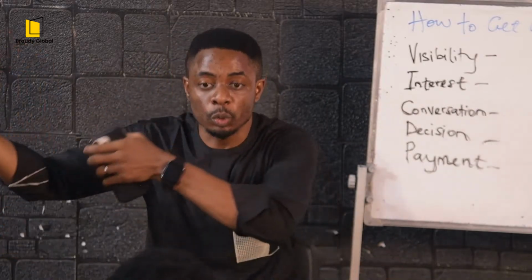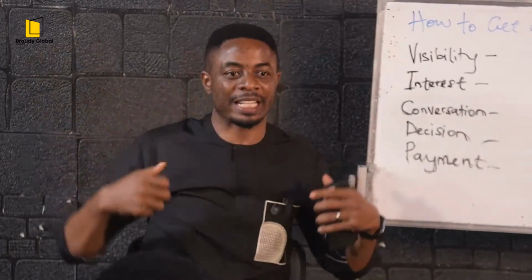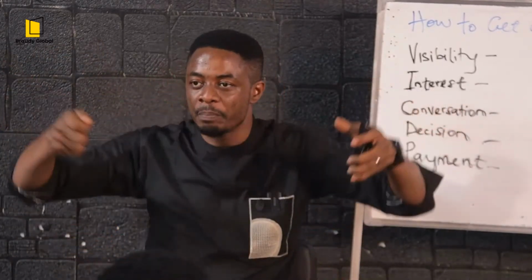That's pull marketing. Online, can you give us an example of online pull marketing? Content marketing. So when you put out content with the intent of attracting people to you, you're actually pulling, you're like a magnet, pulling people to you.